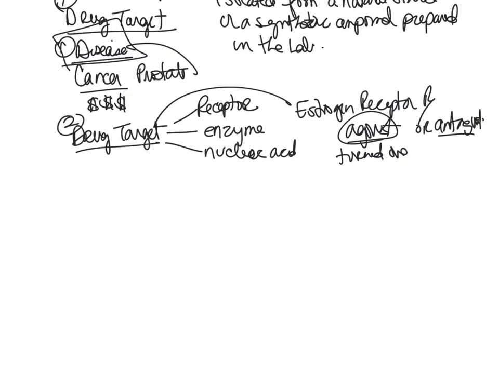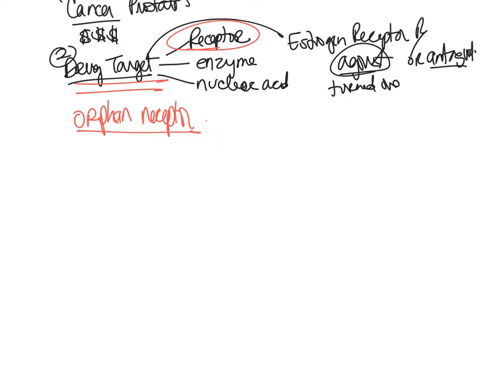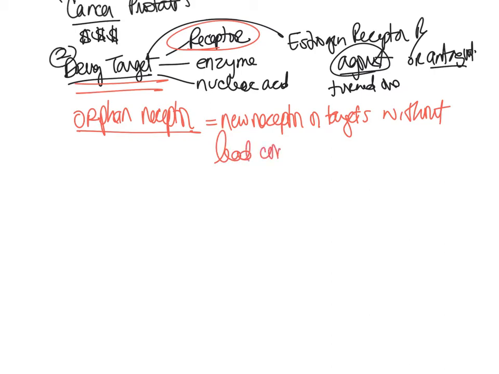And then the next thing you want to do is define your bioassay. But before we leave drug target, let's talk about the receptor. Another word that I think you should know is an orphan receptor. What is an orphan receptor? It is a new receptor or target without lead compounds that interact with them.